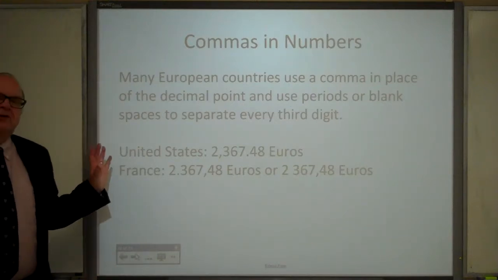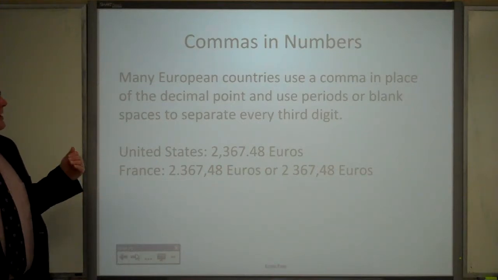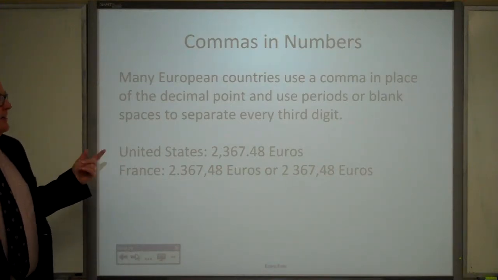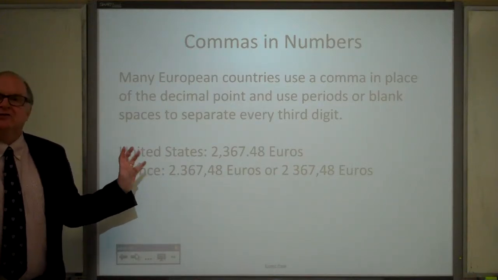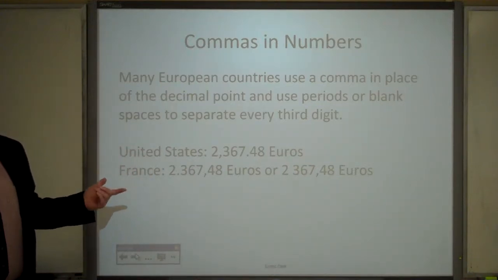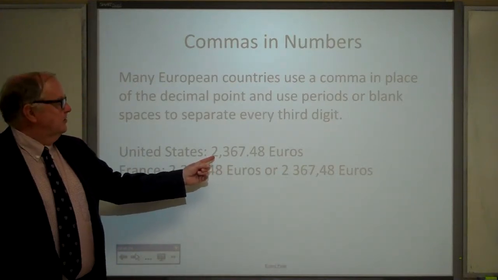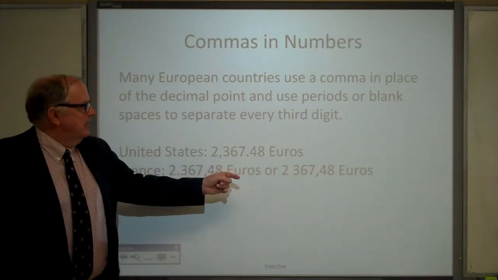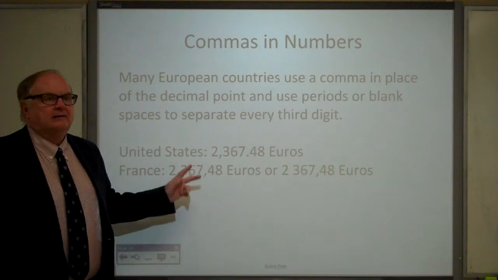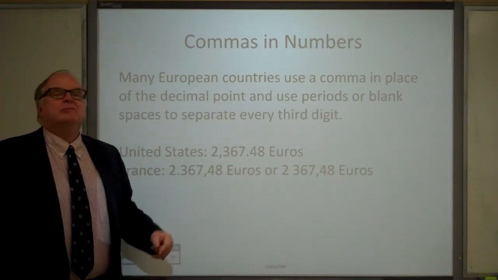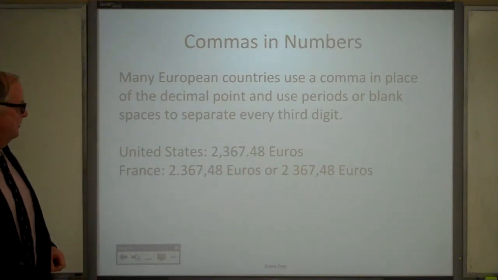Now, just for your information, many European countries use a comma in place of the decimal point and use periods or blank spaces to separate every third digit. So kind of the opposite of the way it's done in the English-speaking countries. So in the United States, we would say 2,367.48 euros. We would have a comma after the 2,000 and a decimal point to separate the euros from the cents.